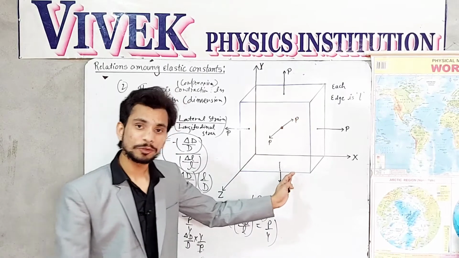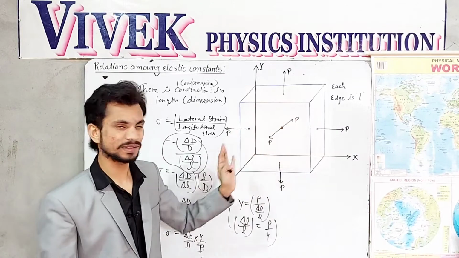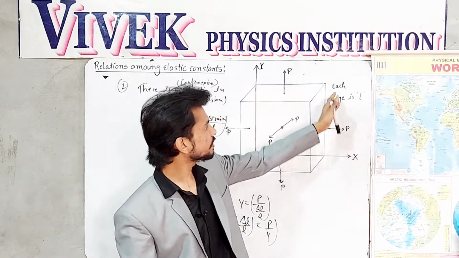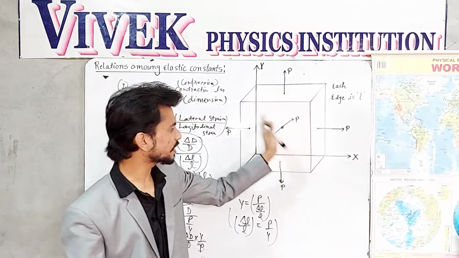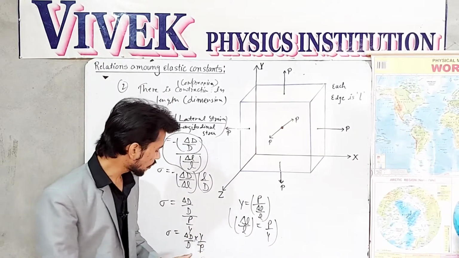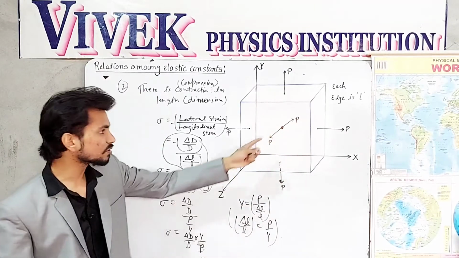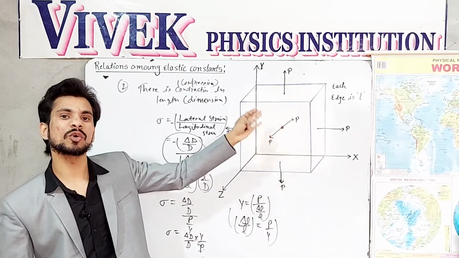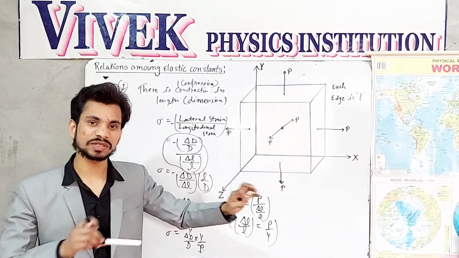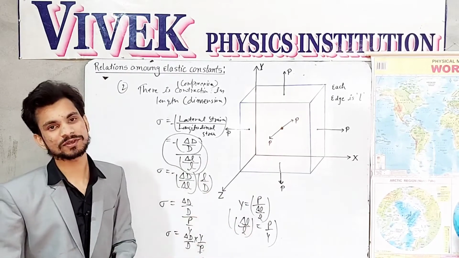You can easily see this is a cube, and the speciality of the cube is that all its edges have the same length, and I have marked each edge as L. So all 12 edges of this cube are L. Whatever the contraction is in any length, it will be with respect to L, because all the edges are L. Some edges will contract, some will extend, when we apply the normal stress on the surface of this cube.